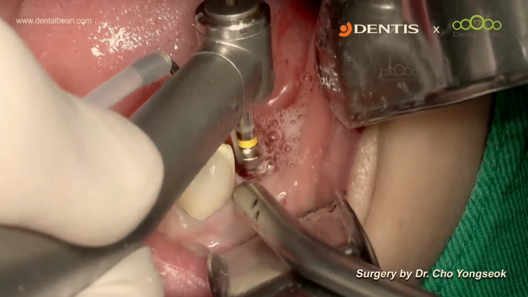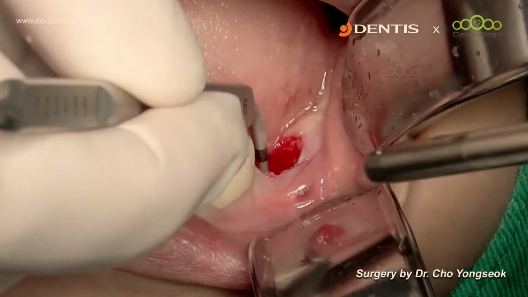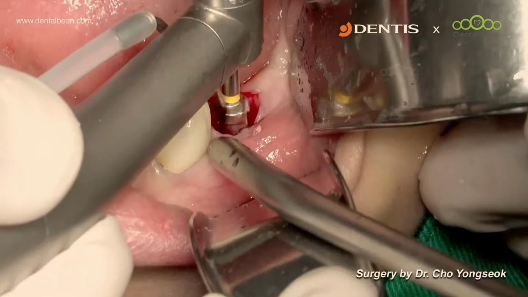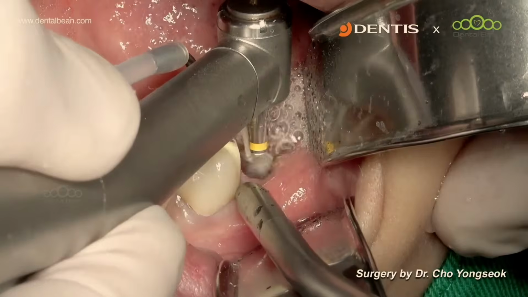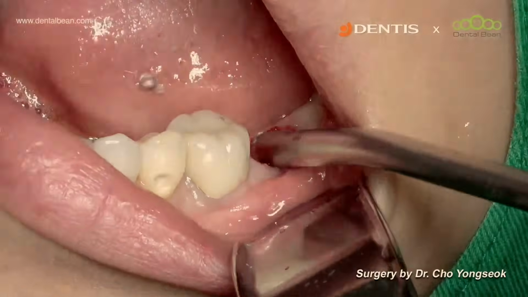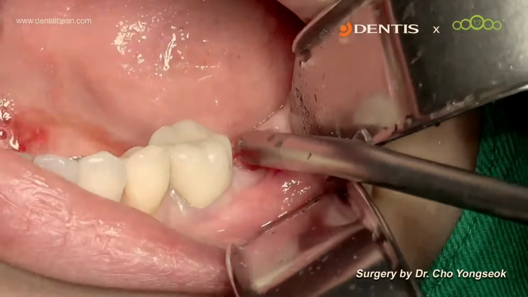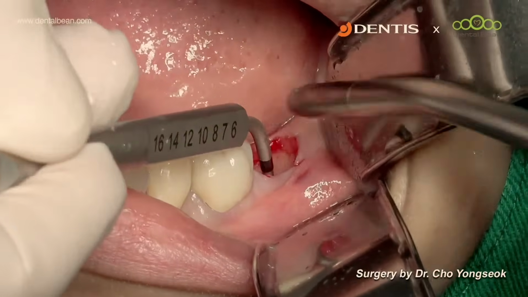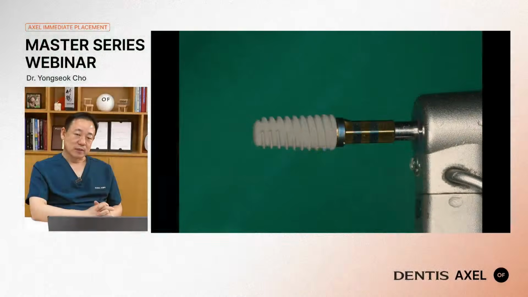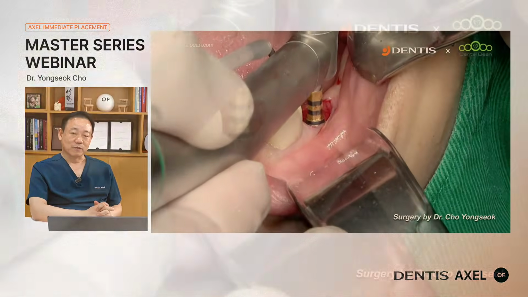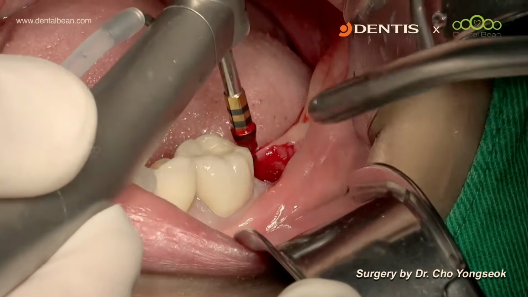During the osteotomy, I carefully check the condition of the hole with the depth gauge. I gradually advance with my tactile sense, 4.0 and the last drill 4.5. Again, I check the condition. Then I selected the 4.5 by 9.5 SQ implant.